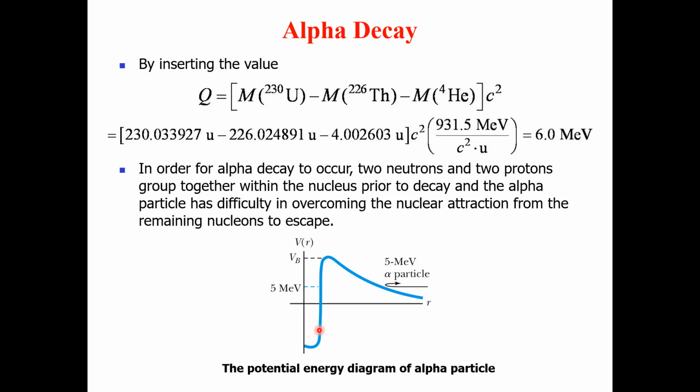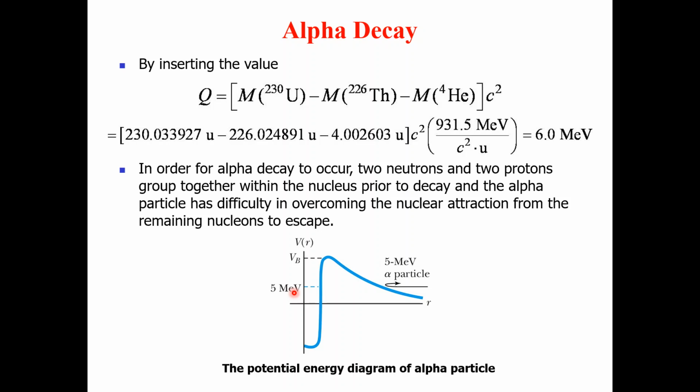So this is the potential energy diagram of the alpha particle. The calculation that we did for the decay of uranium 230 to thorium gives an energy of 6 mega electron volt, and the barrier energy, I think, is greater than 20 mega electron volt.